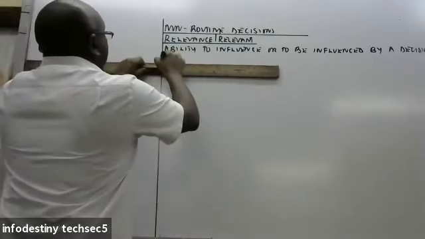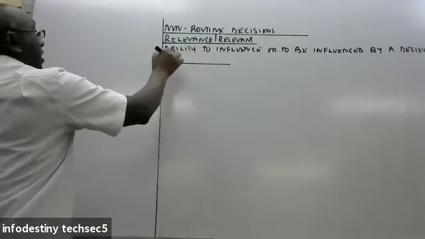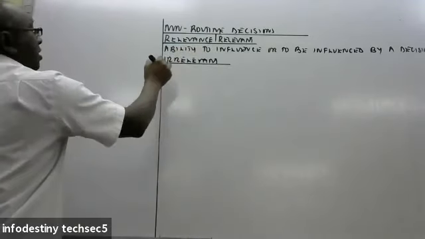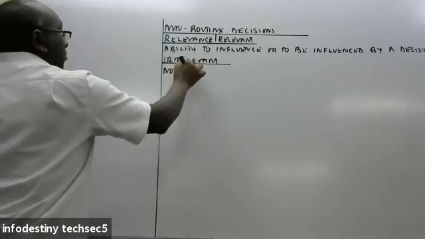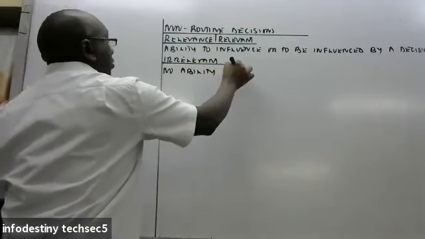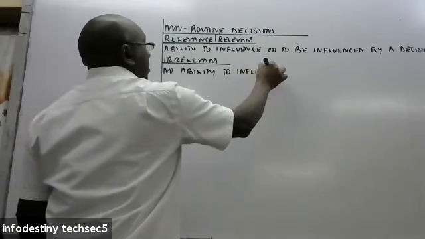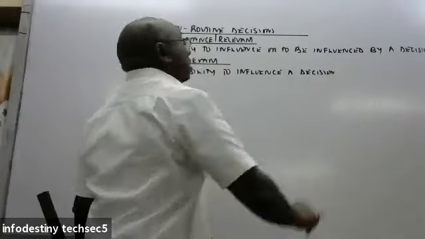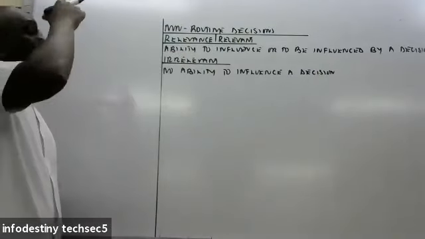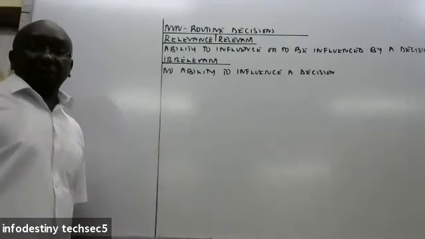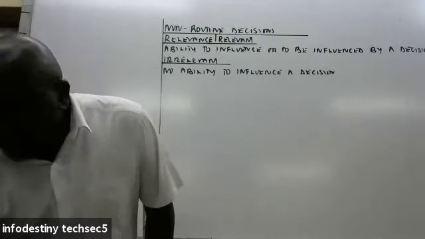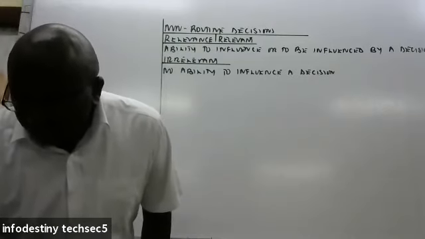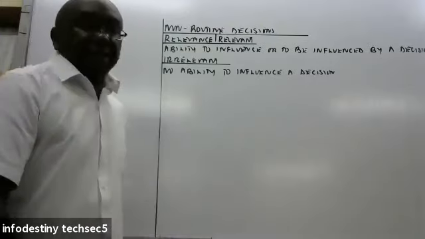So something is irrelevant if it has no ability to influence a decision. So that is how you are supposed to build your case so that now you can tell us why in the short term some costs are irrelevant.